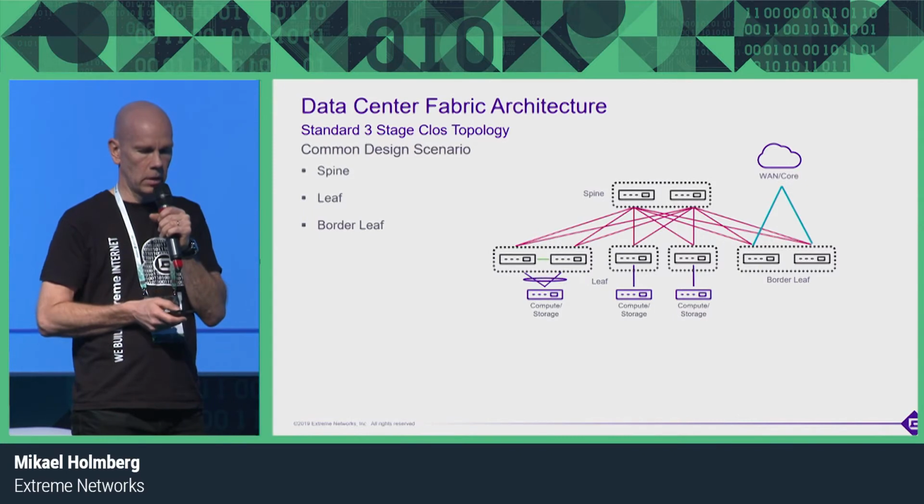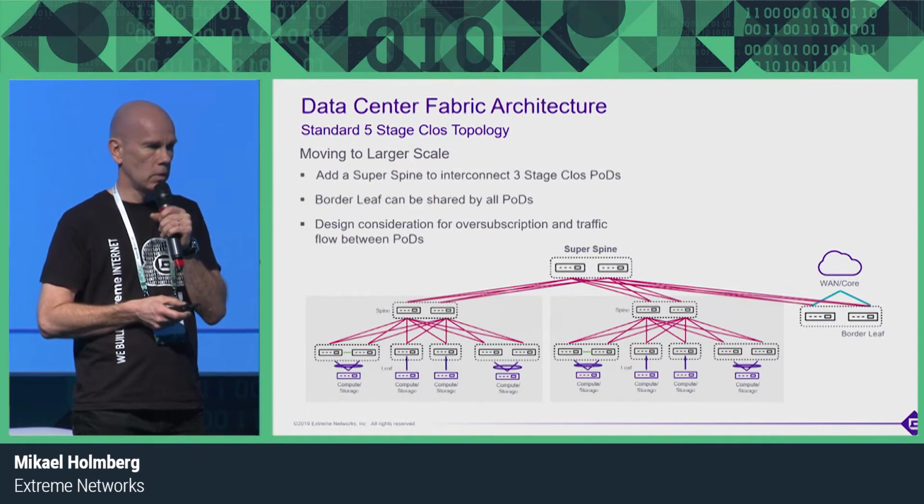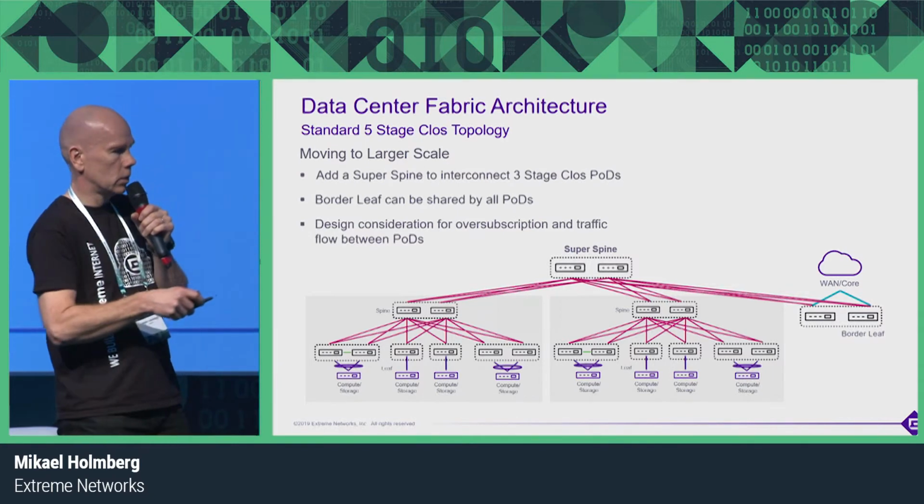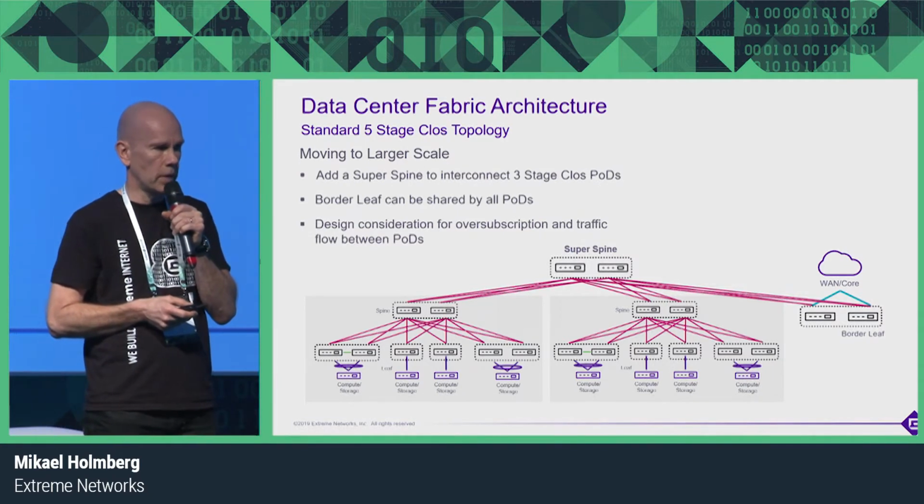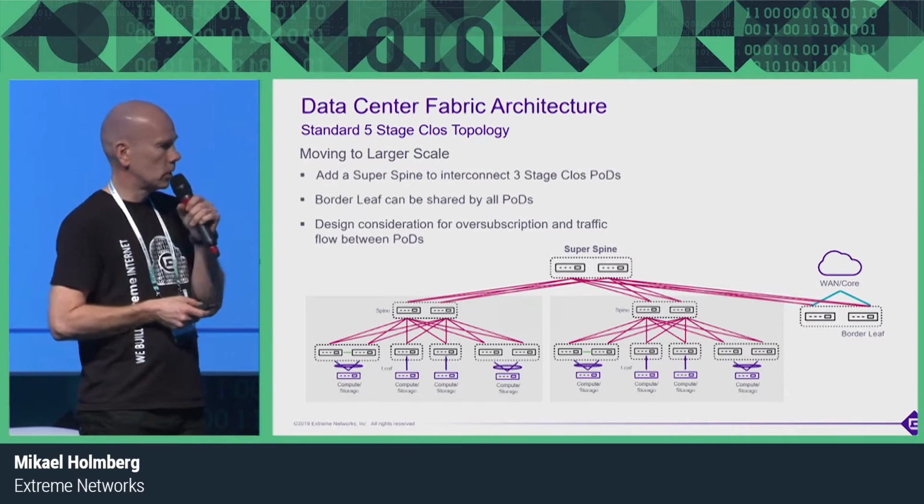So to solve that kind of challenge, the next stage would actually be that you go into a 5-stage CLOS architecture, where you basically add in a super spine, which would allow you to have the 3-stage CLOS pods, so kind of the squares with the small fabric, or the fabric itself, interconnected with the super spine.